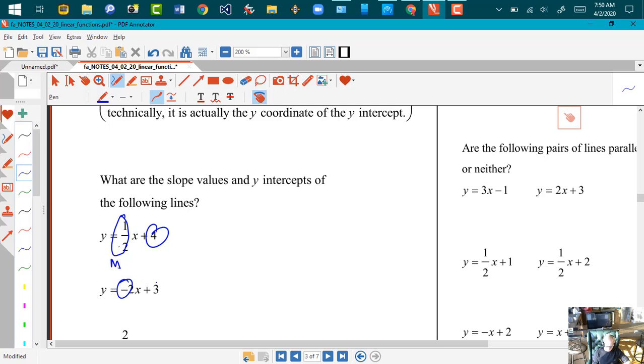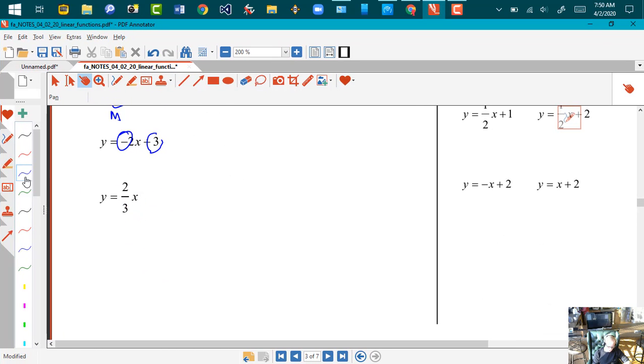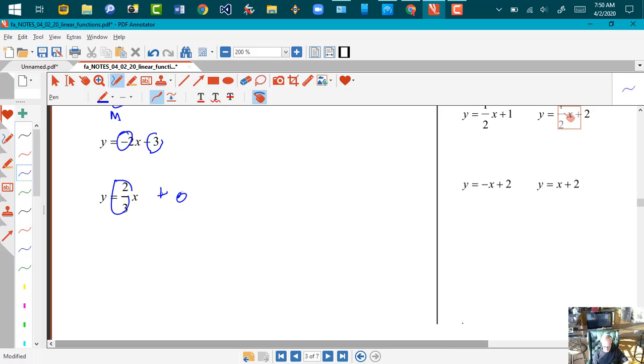This would be slope of -2, intercept of 3, and this would be slope of 2/3, and it has no intercept, so it's really 0. And a line that has an intercept of 0 goes through the origin, or 0, 0 on the coordinate plane.